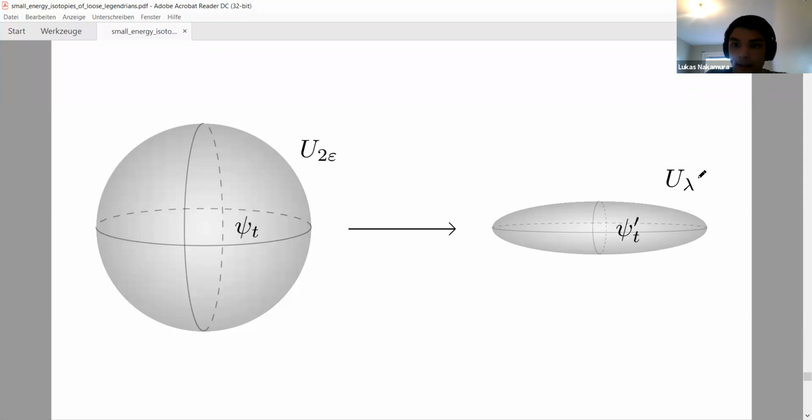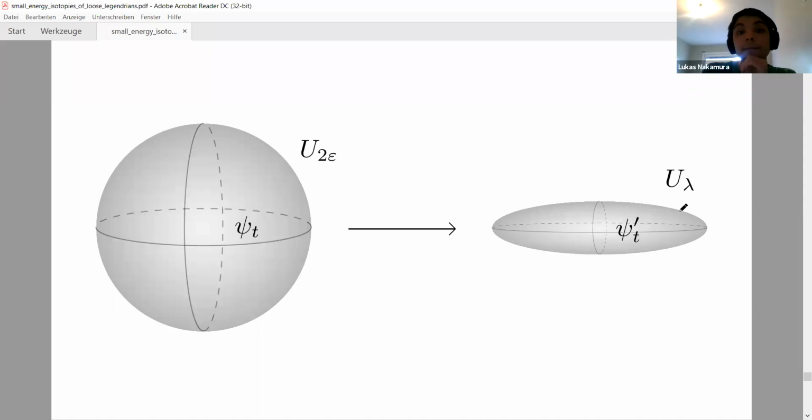Let's denote its height by lambda. So this is an ellipsoid and its height is smaller than lambda. And corresponding to this isotopy psi, we have an isotopy psi prime, which has support inside this ellipsoid U lambda.